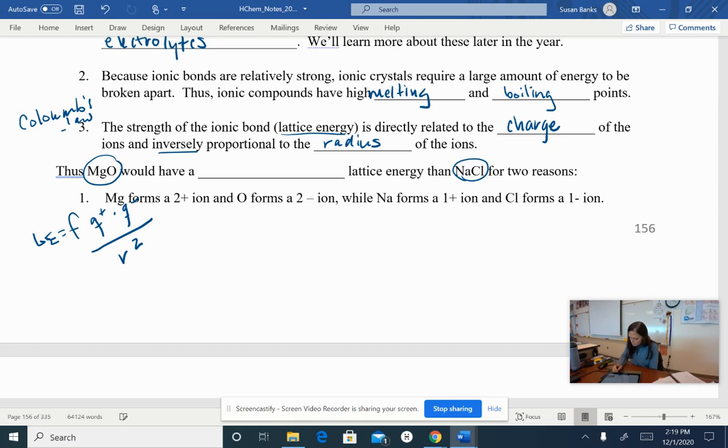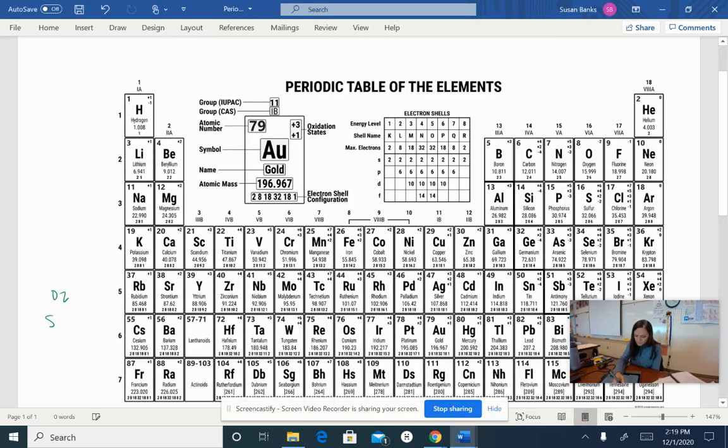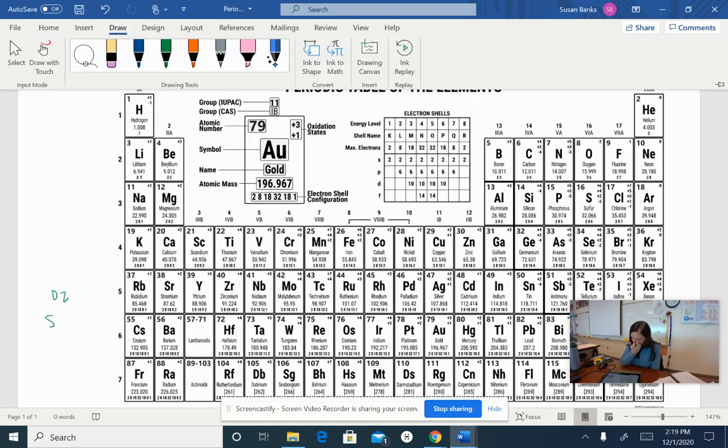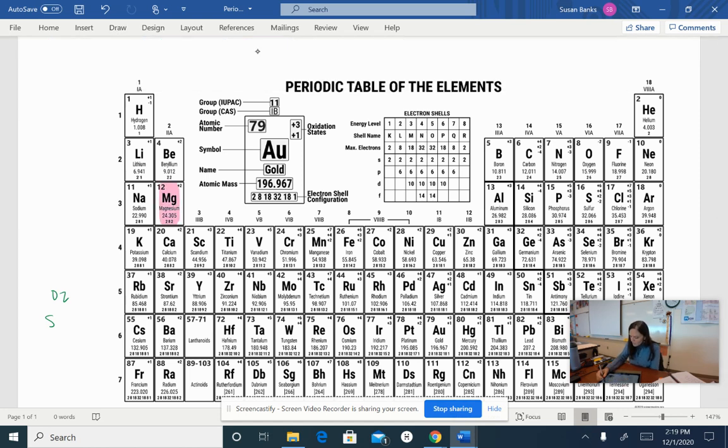If I go to my periodic table, magnesium's right here and oxygen's right here. Magnesium is going to have a charge of +2 and oxygen is going to have a charge of -2.